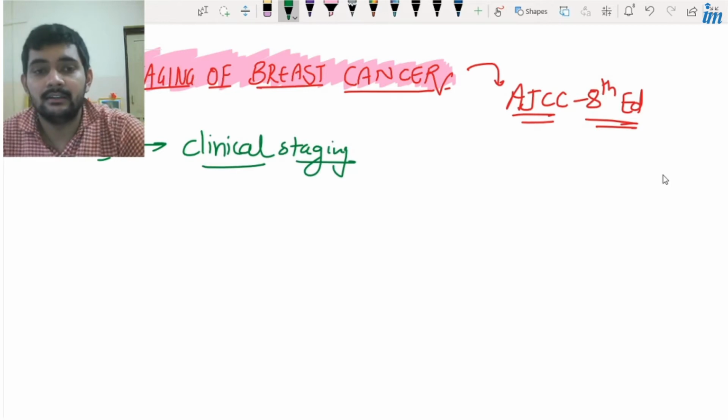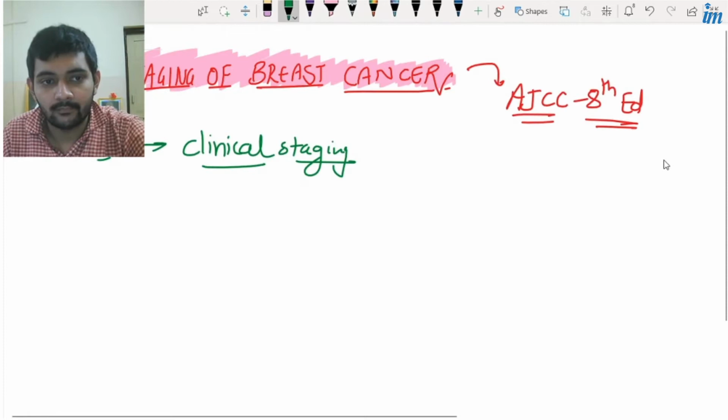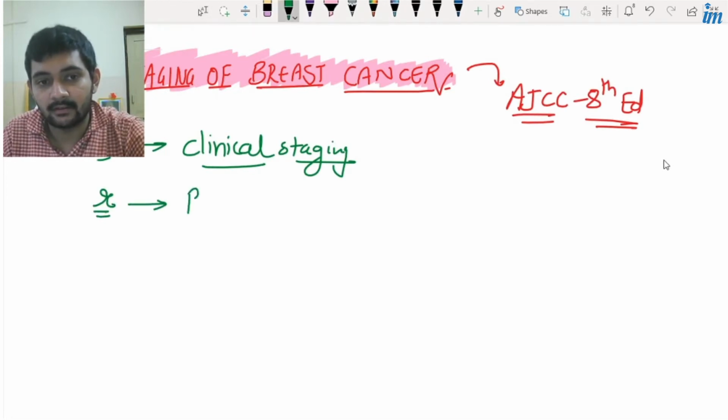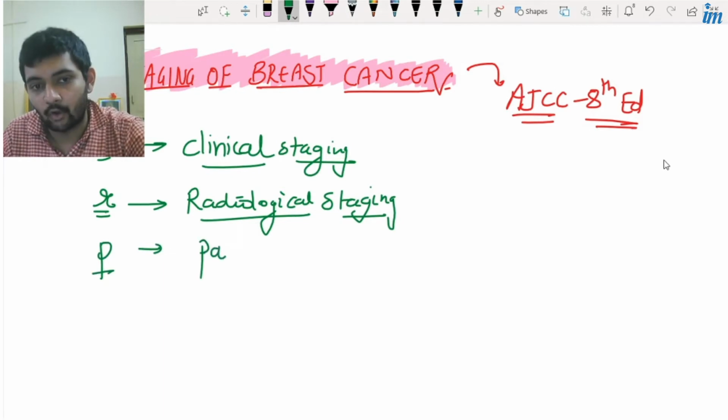This is the clinical staging. If you are using a prefix R, this means this is a radiological staging. If you are using a prefix P, this means this is a pathological staging.